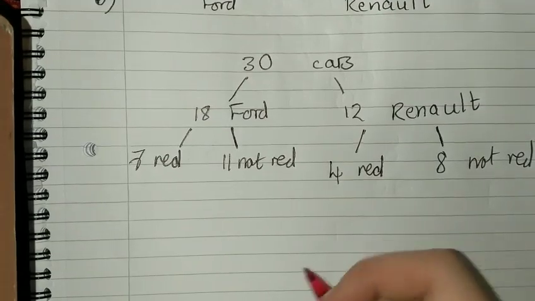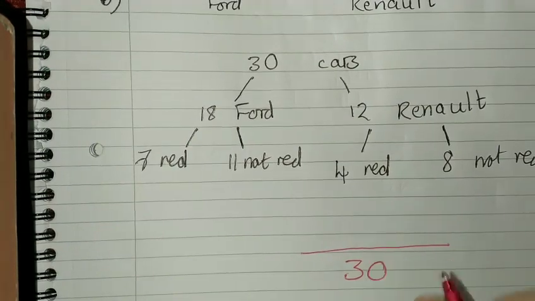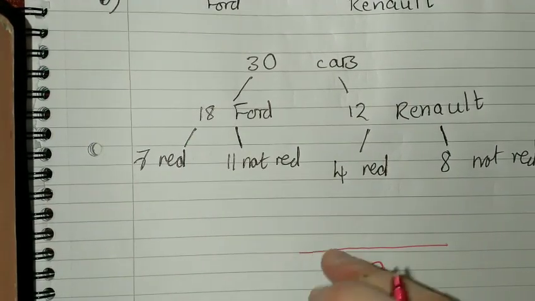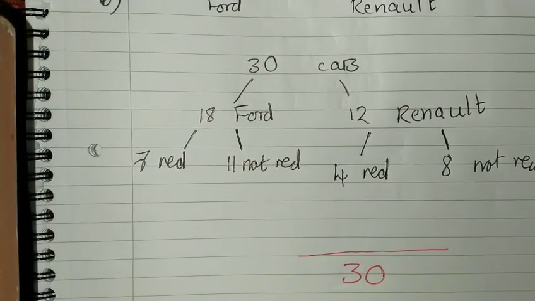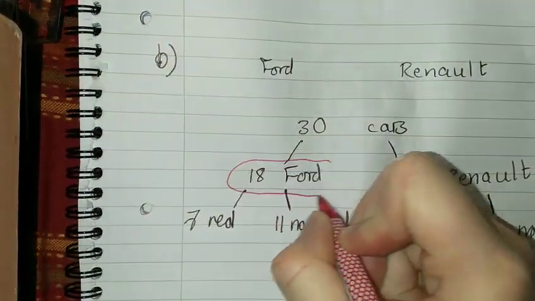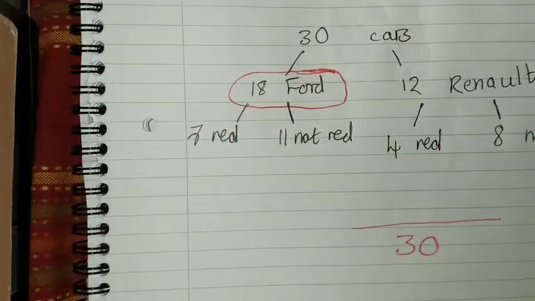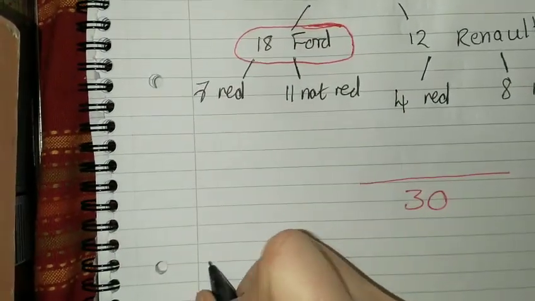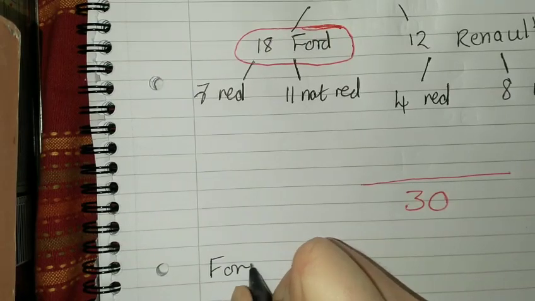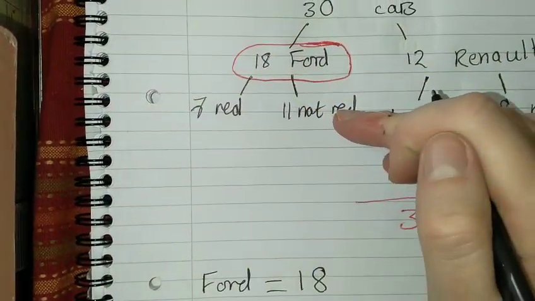So over the total number of cars, we have to get the number of cars that are either Fords or not red. Our Fords, we have 18, but that includes a certain amount that are not red.